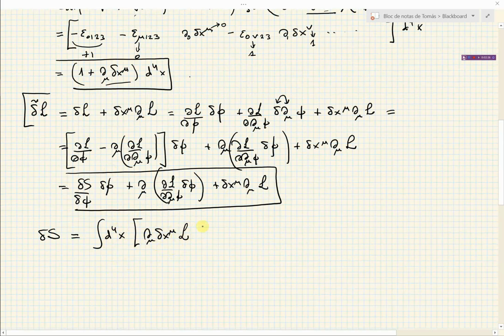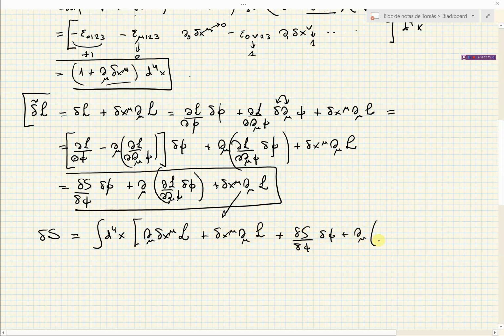This was the factor L that we had. Now this term comes here. It is δx^μ ∂_μ L plus δS/δφ plus the total derivative term ∂L/∂(∂_μφ) δφ.